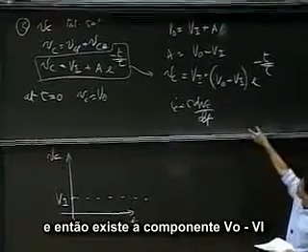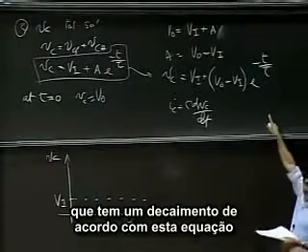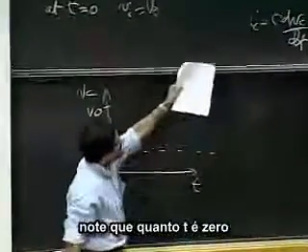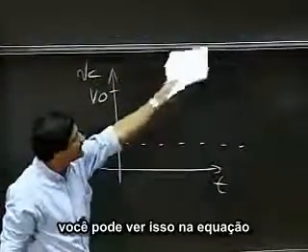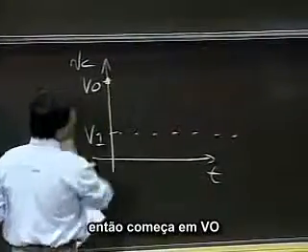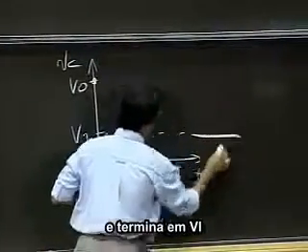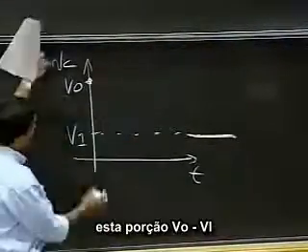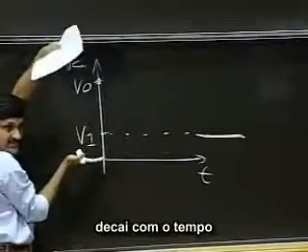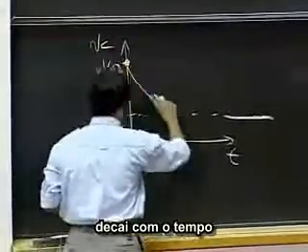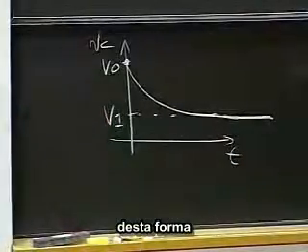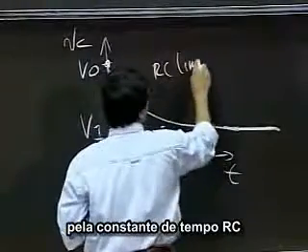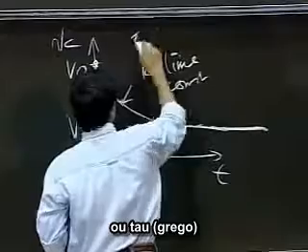And then there's a component V0 minus VI, which decays, starting out at an initial value of V0. Notice when t is 0, VC is V0. You can see that in the equation. And so it starts out at V0, ends up at VI. I start here, I end up here, and this portion, V0 minus VI, decays out over time, like this. And this decay is governed by the RC time constant, or tau.